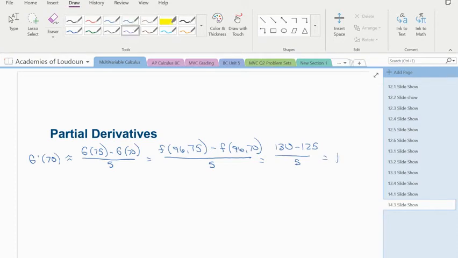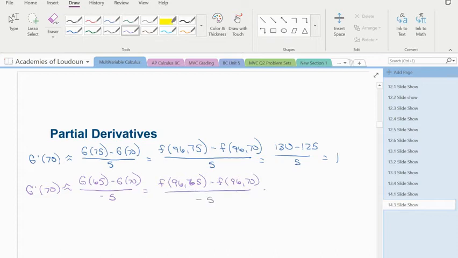We can also use g prime of 70 can be approximately g of 65 minus g of 70 over negative 5, which is f of 96, 65 minus f of 96, 70 over negative 5.